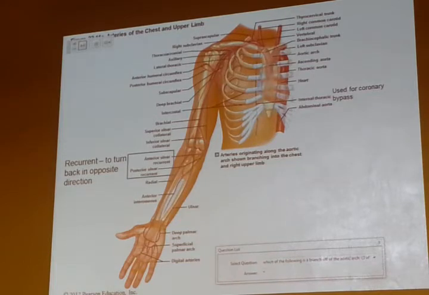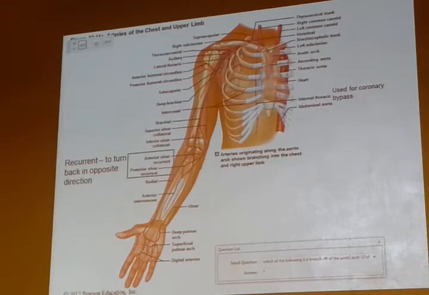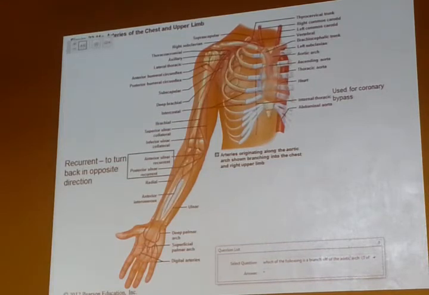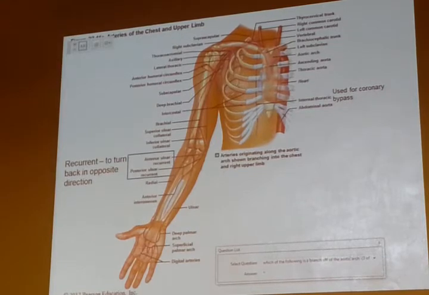You can go through the ribs, and you can take these blood vessels and reattach them to the heart instead of having them go to their tissue. You just reattach them beyond the block in the heart, and then you've got oxygen delivery to the heart again. You don't have this massive injury to the chest region.